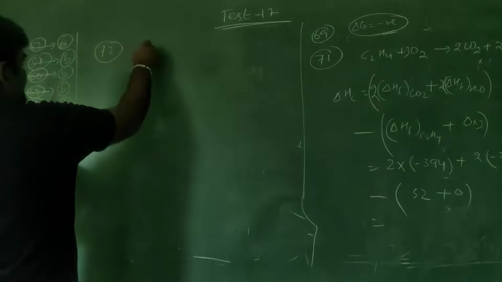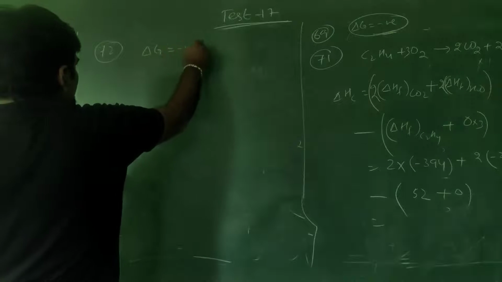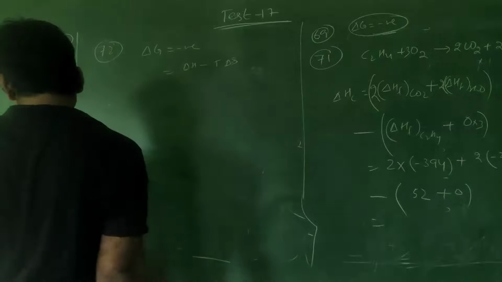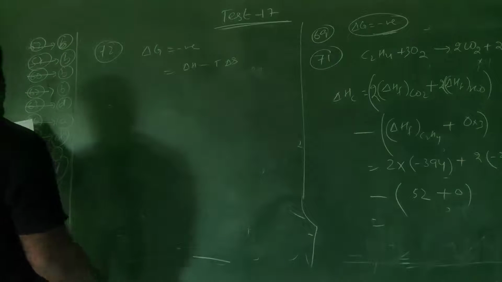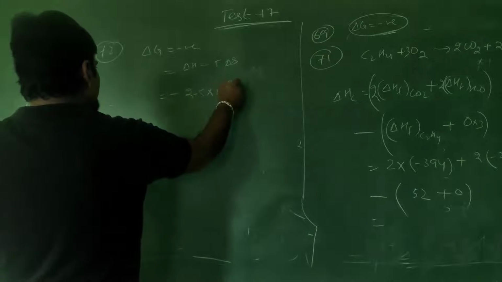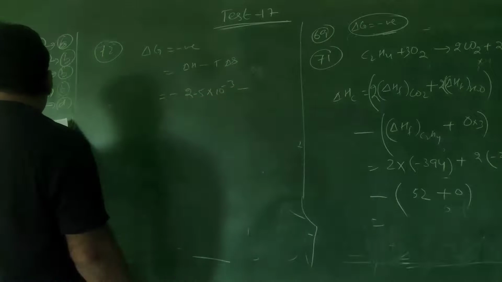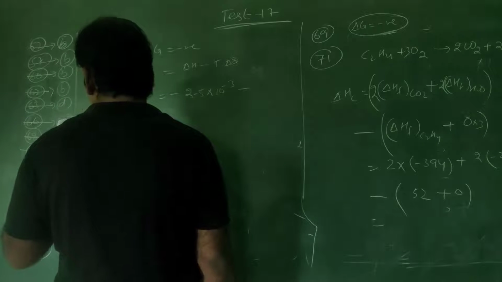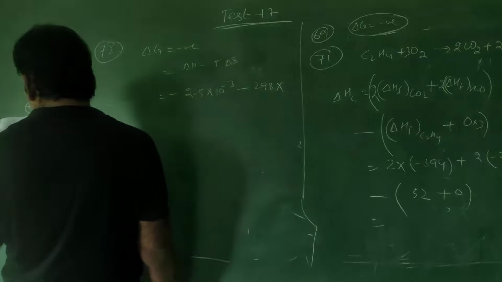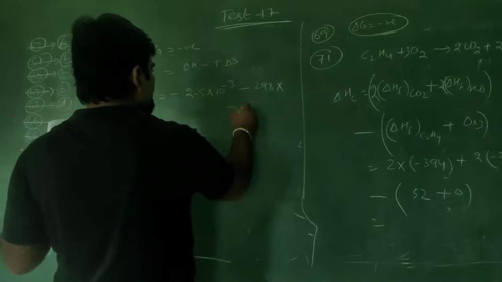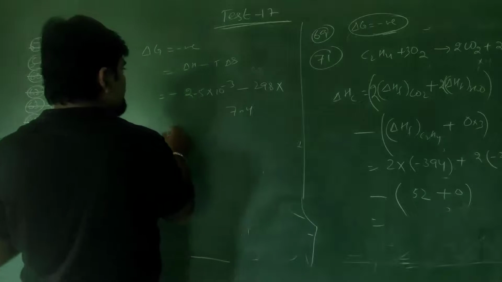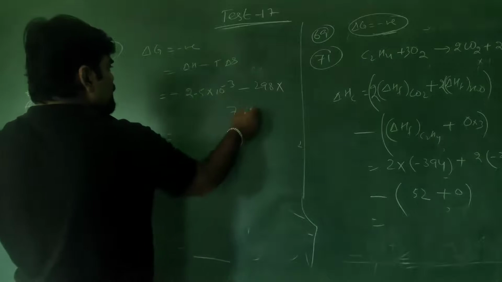For spontaneity, del G must be negative, which is equal to del H minus T del S. Enthalpy change for the chemical reaction is given, minus 2.5 into 10 to the power minus 3 calorie, minus 298 into delta S, which is given as 7.4 calorie per degree.